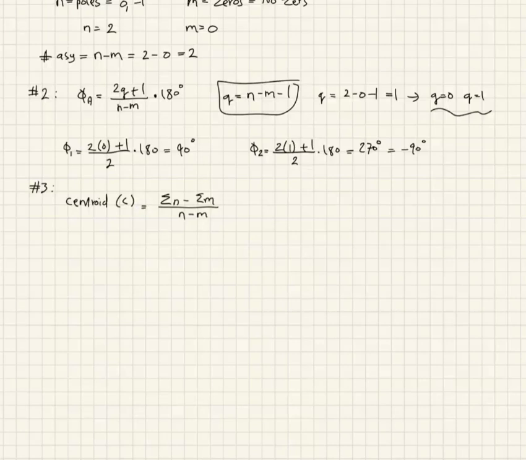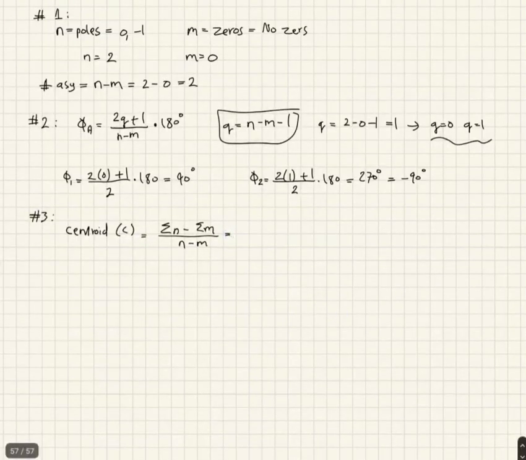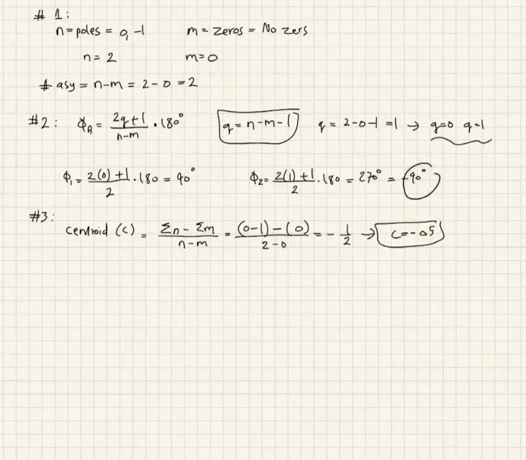So it's going to be 0 minus 1, minus 0, over 2 minus 0, which gives a value of minus 1 over 2. So the centroid is negative 0.5, and this is where you draw these two angles. The angles for the asymptotes always go on the centroid.